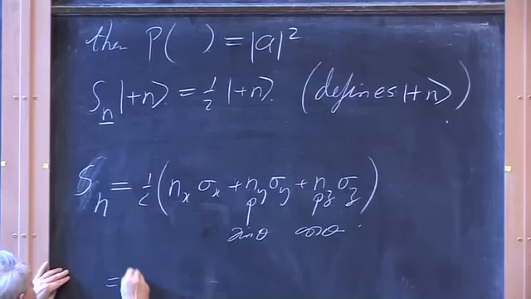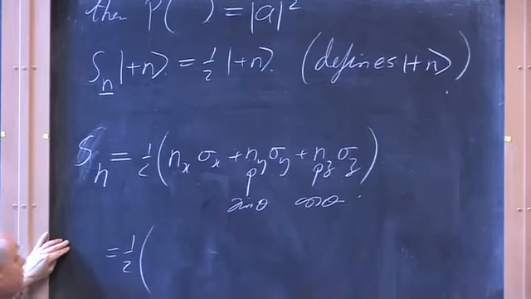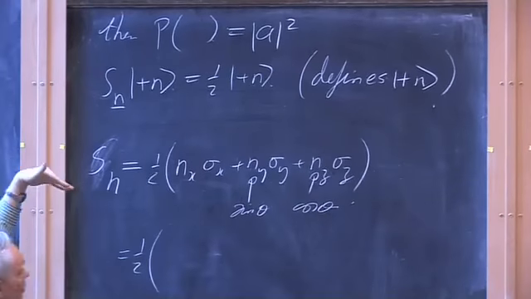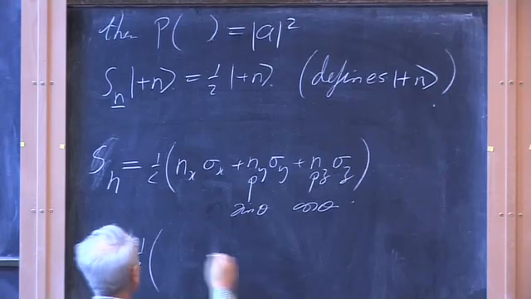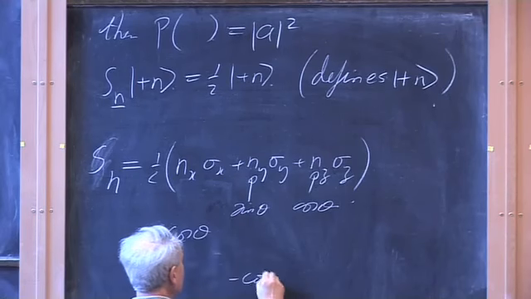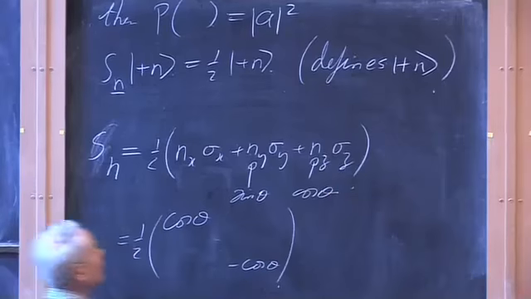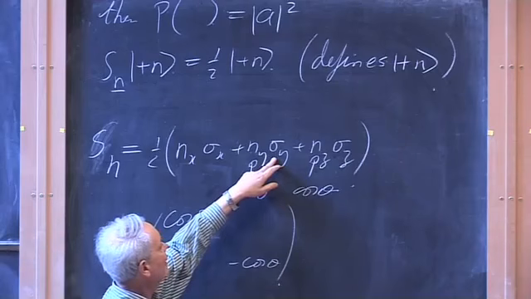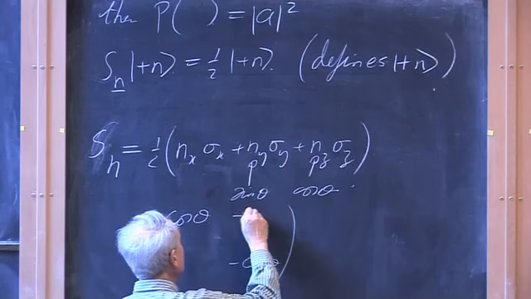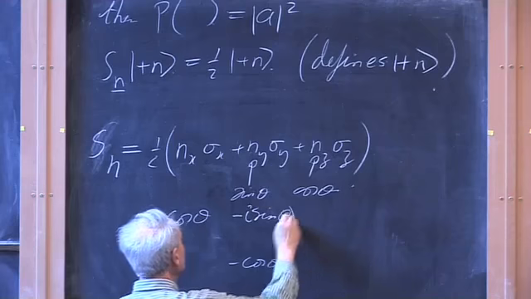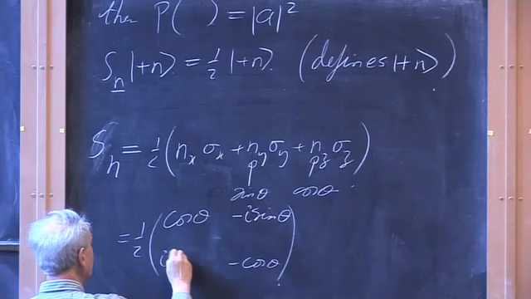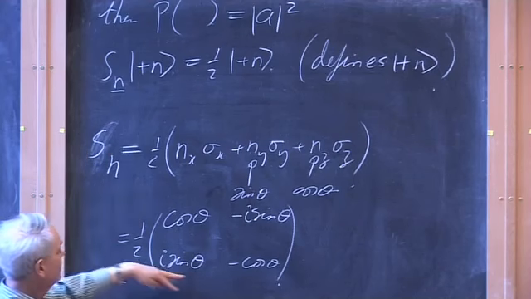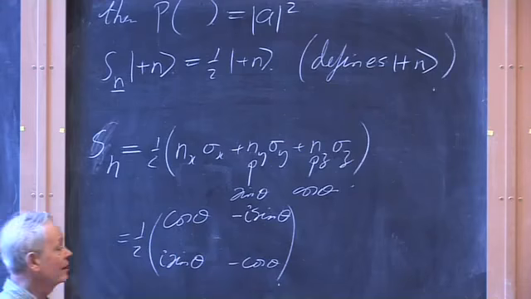So at the end of the day, it is a half of: now, sigma z we've got up there, it's got 1 in the top left-hand corner and minus 1 in the bottom, so I get a cos theta and a minus cos theta appearing on the diagonal because of sigma z. And sigma y has got a minus i in the top right-hand corner, so we get a minus i sine theta appearing there, and its complex conjugate has to appear down here.